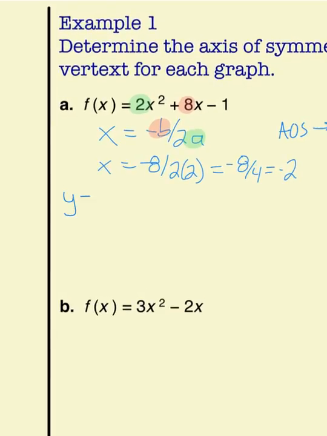So now I have y equals 2 times negative 2 squared plus 8 times negative 2 minus 1. Now, some of you might be wondering where that came from. Remember, f of x is just like saying y. So I took that equation that we started with, and I just plugged in negative 2 for x.